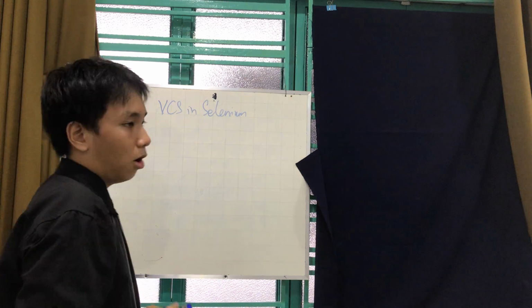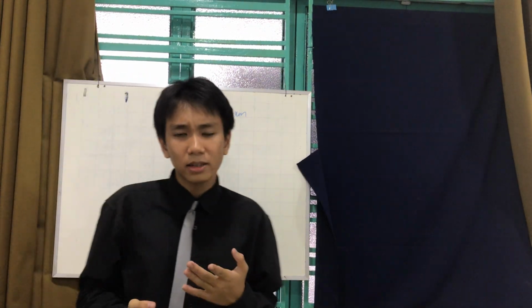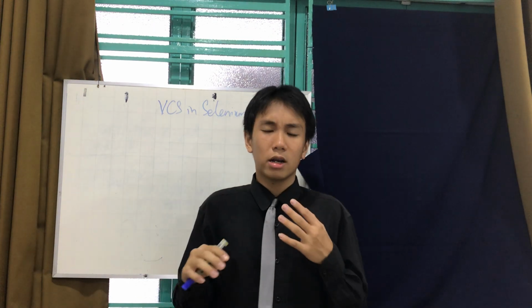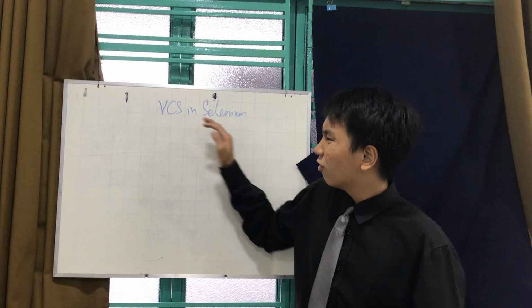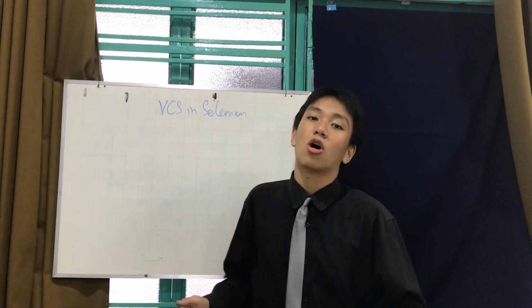Okay, so I have researched version control system in Selenium. Although there's version control system in automation, version control system in Selenium is even more specific, because Selenium is a web driver, or an automation tool. And for version control system in Selenium, there's no information on Google.